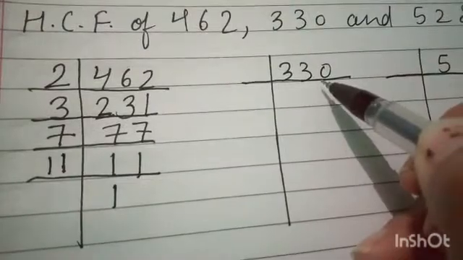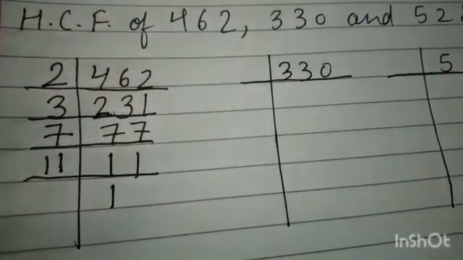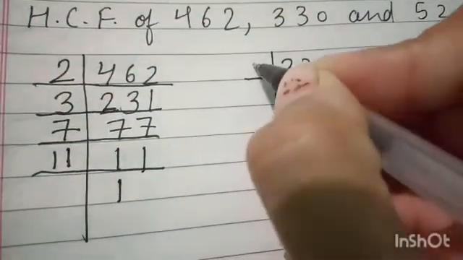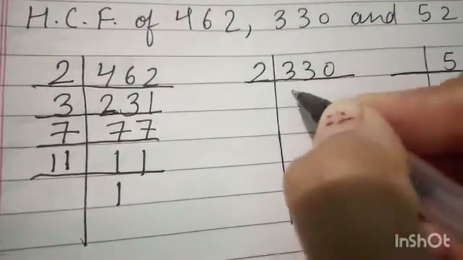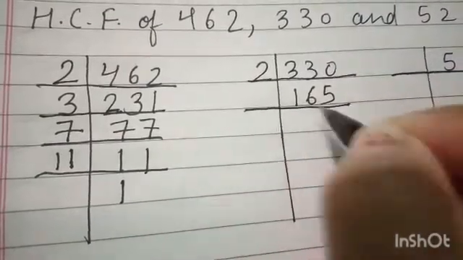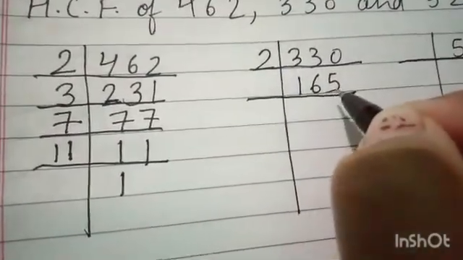Now come to the next one, 330. We can divide it by 2 and also by 3. I will do it by 2. 2 ones are 2, 2 6s are 12, and 2 5s are 10. Now I have 165. 165 cannot be divided by 2, so I will check whether 165 can be divided by 3. 3 5s are 15, again 3 5s are 15, we get 0.